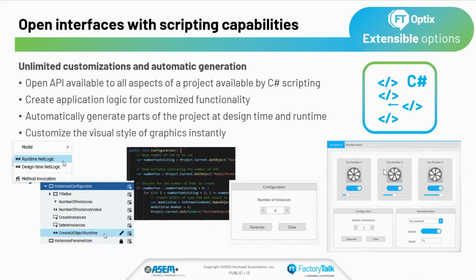You can compare values and have it bring up certain pages, widgets, or dialog options at your disposal. It can also be used to customize the visual style and behavior of the graphics in your FactoryTalk Optix. So for customers who have C# scripting capability, they can create a truly highly personalized, highly customized Optix application at their fingertips.